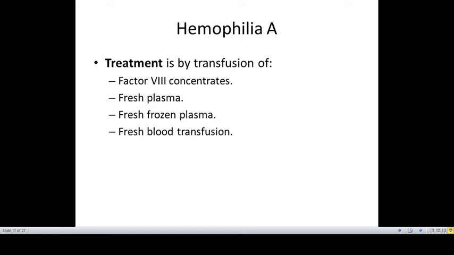Treatment is by transfusion of factor VIII concentrates or fresh plasma or fresh frozen plasma or fresh blood transfusion.